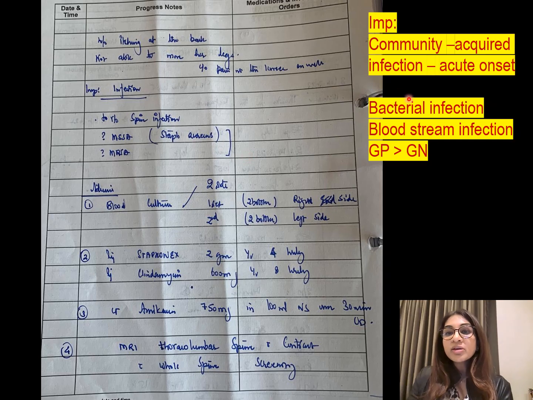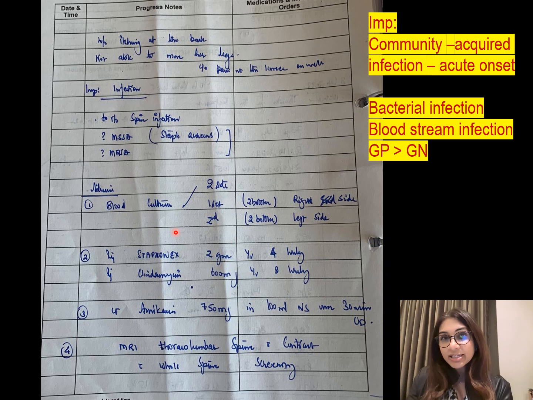So this was favoring more probably a gram-positive infection rather than a gram-negative, because the patient did not have any intra-abdominal symptoms, neither UTI-related symptoms. So gram-negative infection was less likely here. It was more likely going towards a gram-positive bacterial etiology, and very likely Staph aureus was considered, MSSA or MRSA.